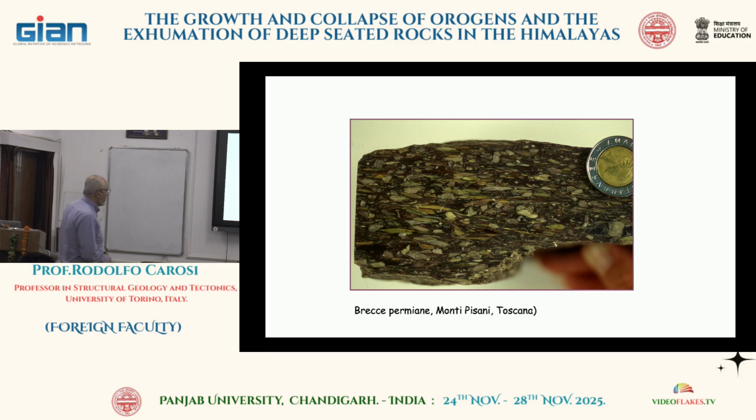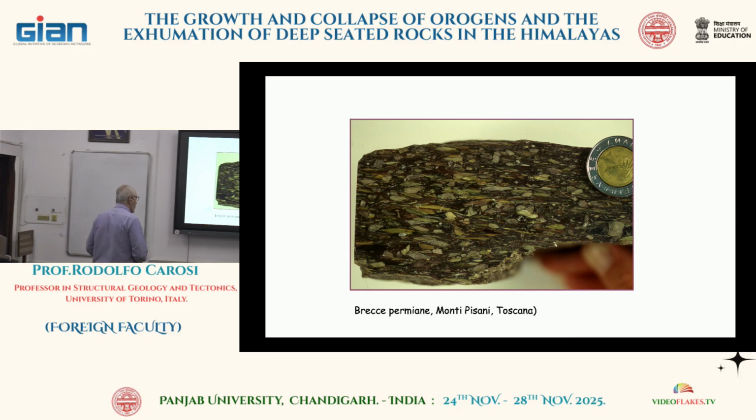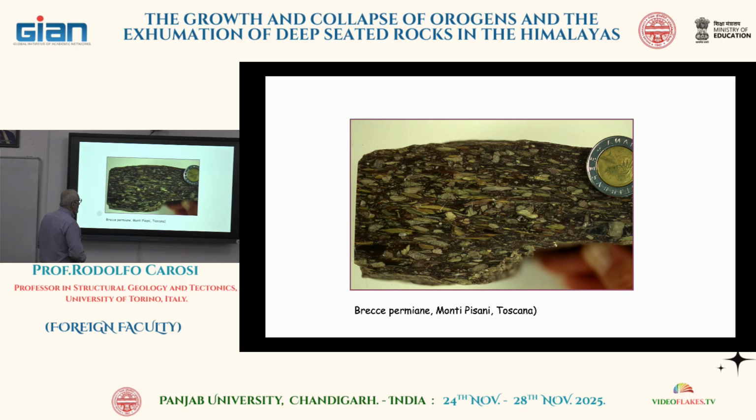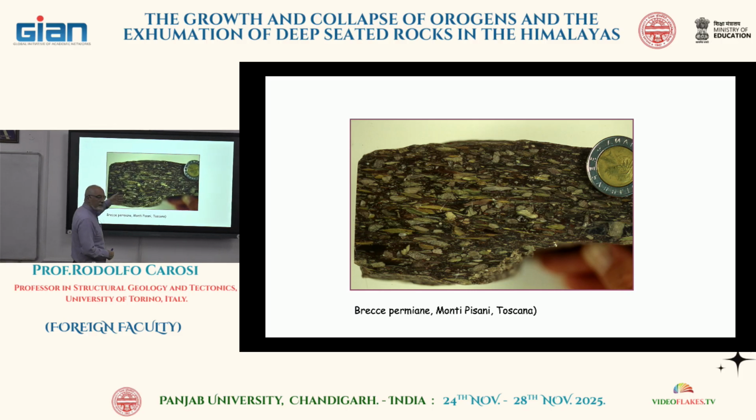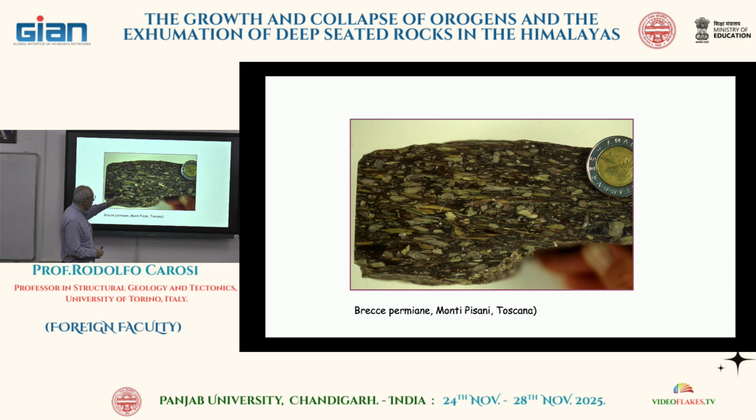Here is another kind of breccia from the Permian of the Northern Apennines. The breccia reworked a Paleozoic basement and was later involved in the Alpine orogenesis, contemporaneous more or less to the Apennine orogenesis and Alpine orogenesis. You can see different clasts with different elongation because there are different clasts with different lithology, different composition.